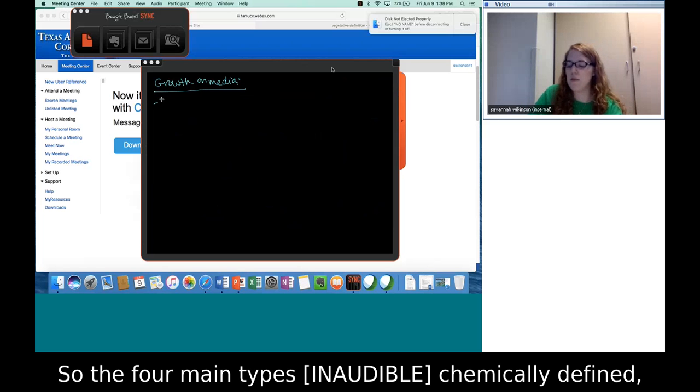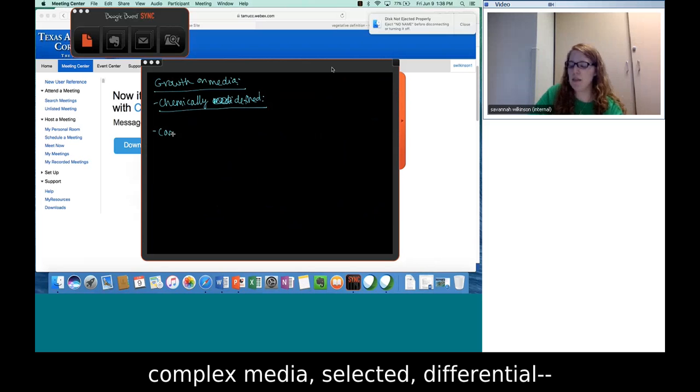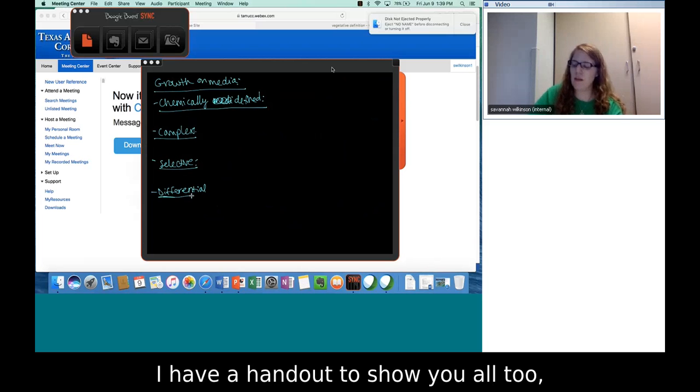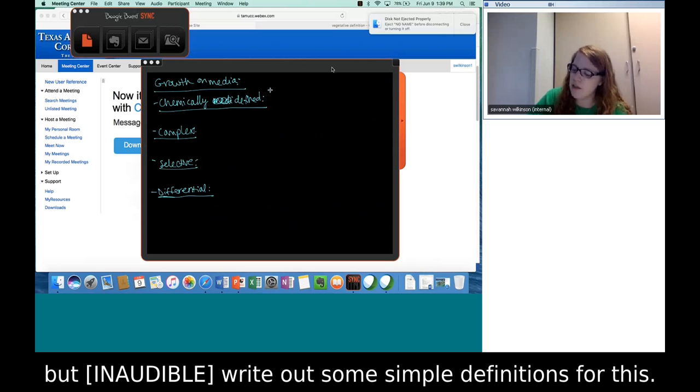So the 4 main types: chemically defined, complex media, selective, differential. I have a handout to show y'all too, but just to write out some simple definitions for this.